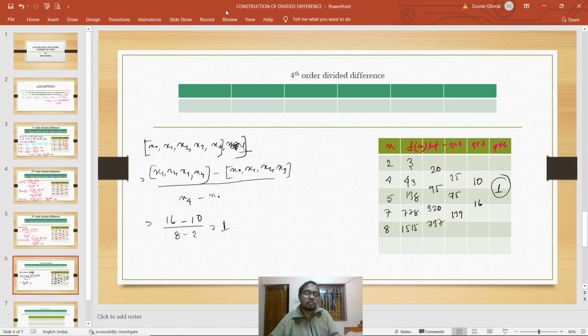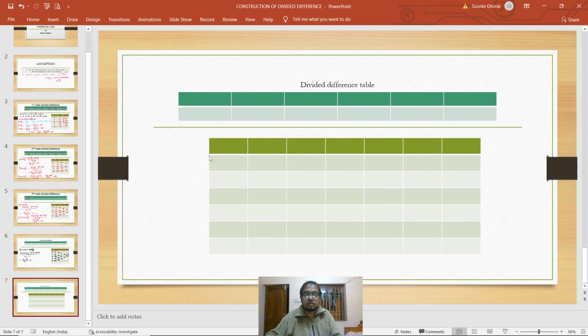So now I will just write the final difference table. Here this is x, this is f(x). The values of x are 2, 4, 5, 7, 8. This is 3, 43, 138, 778, 15. Then x, f(x), first order difference, second order difference, third order difference, and fourth order difference.